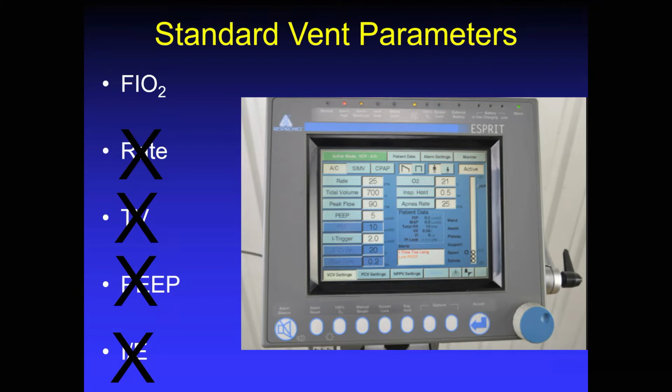And it's very foreign and uncomfortable, particularly the first few times. And the natural tendency, if things don't go perfect, is to fall back on what we're comfortable with and abandon the mode and blame any problems that the patient's had on the new mode.